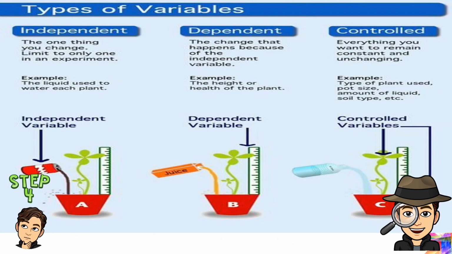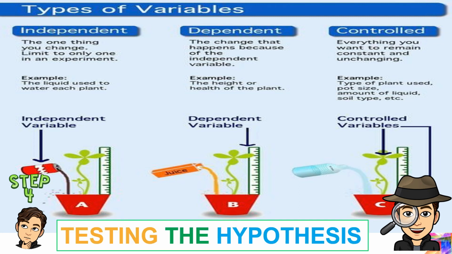To differentiate between the types of variables, here is a clear example of an experiment to see the effect of varied liquids on the growth or the health of a plant. For this experiment, as you could clearly see, the independent variable, or the variable that is being changed, is the liquid used to water each plant.